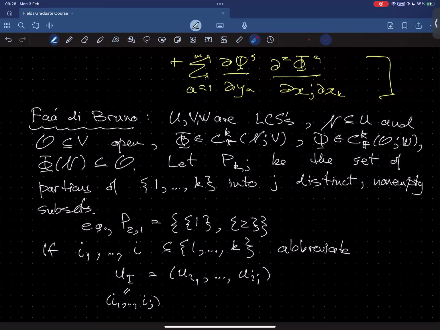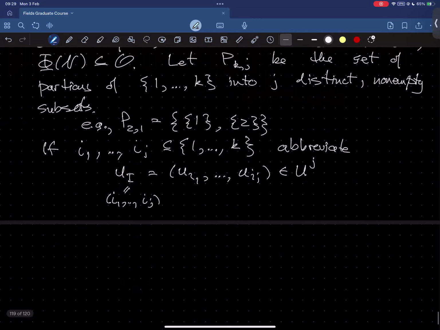This right here is a J. So if I just have some subset i_1 up to i_j of these indices, then this just corresponds to some corresponding list of vectors in U. So this is in U^j. Okay, so it's just shorthand. All right, good.